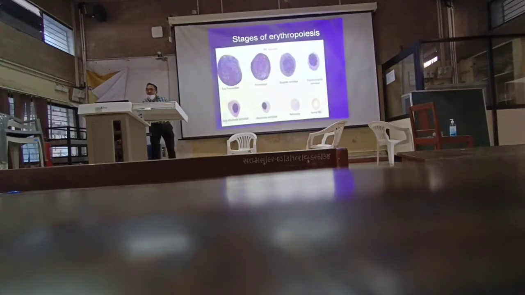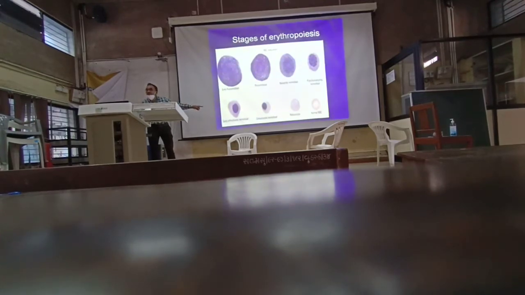What happens in case of asynchrony? The nuclear portion, the DNA content, doesn't reach the level of orthochromatic normoblast. So what happens? The production of hemoglobin is going on, so the cytoplasm is enlarged.